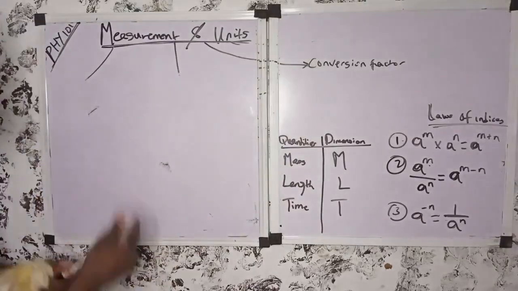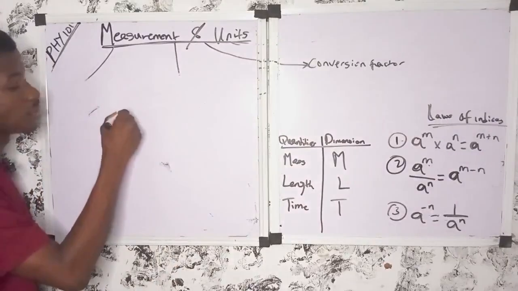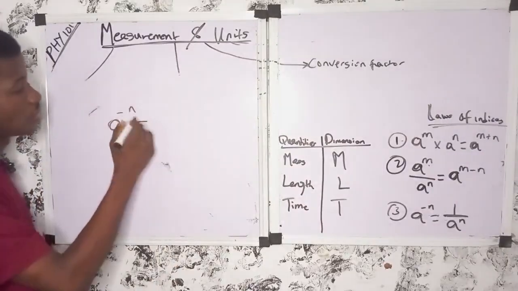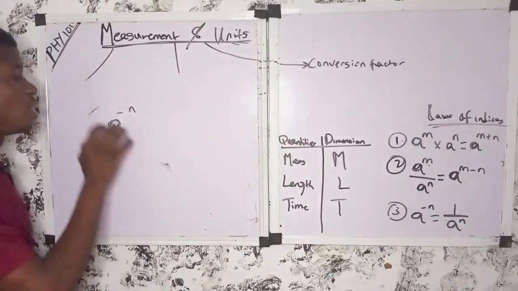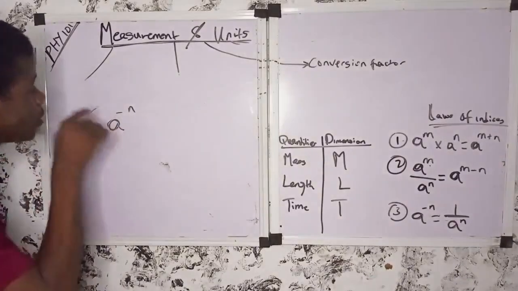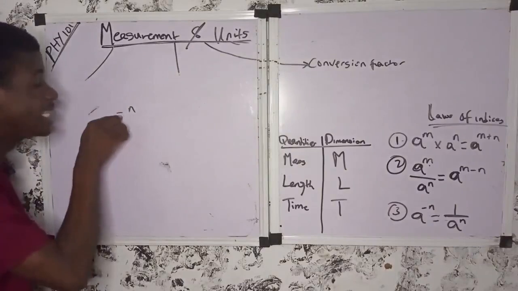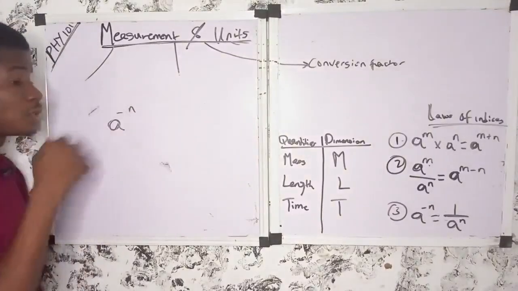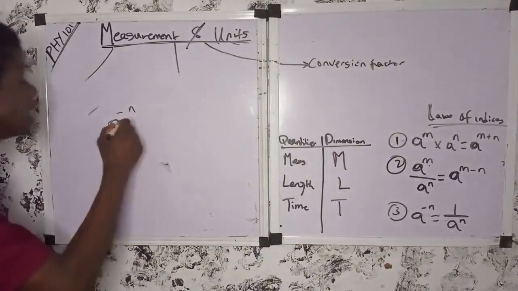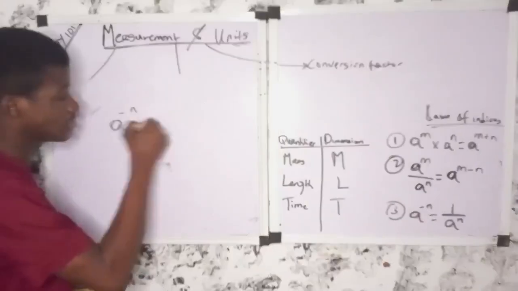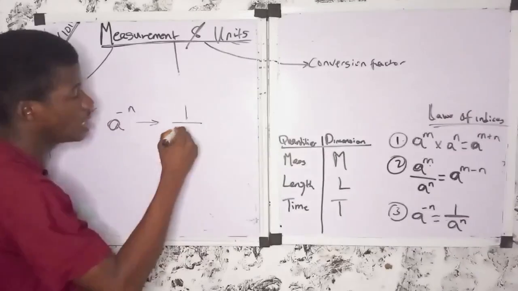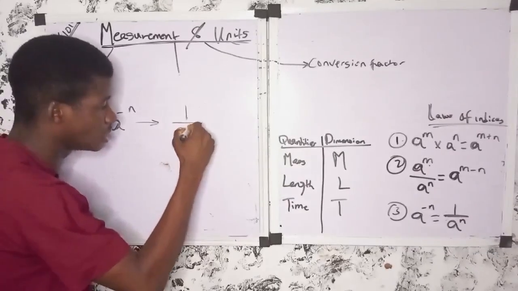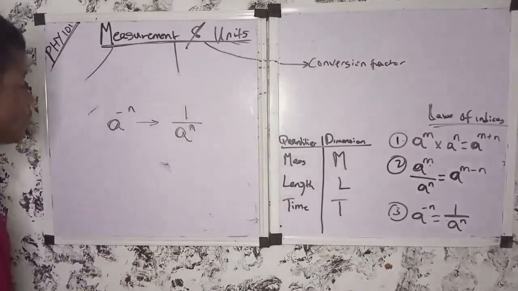Now the very last law, which is a raised to power minus n equals what? When a base is raised to a negative power, it's still the same thing as 1 over a raised to the power of that number. I don't know if you understand.